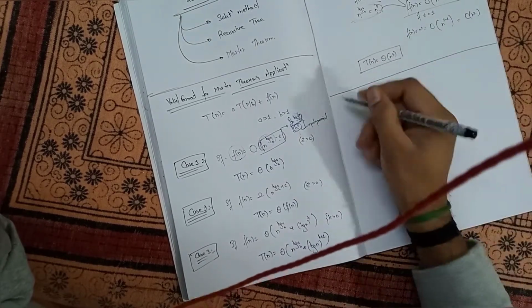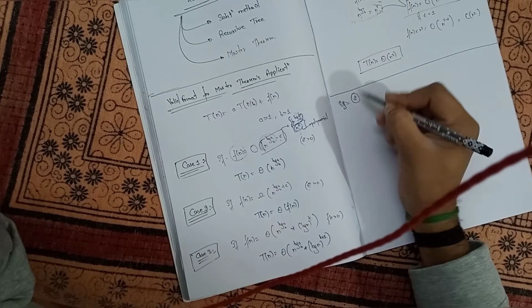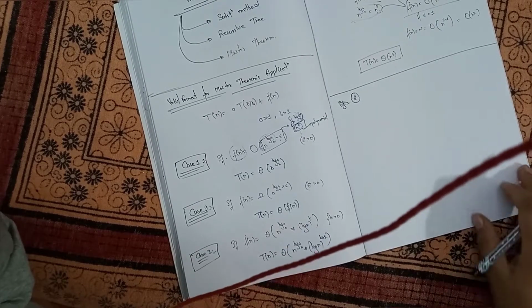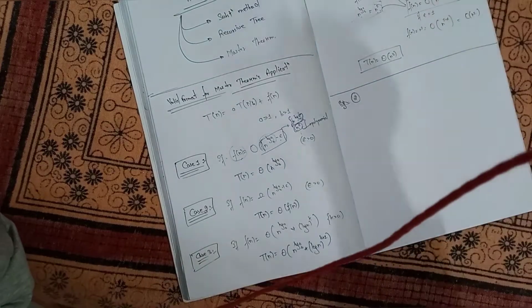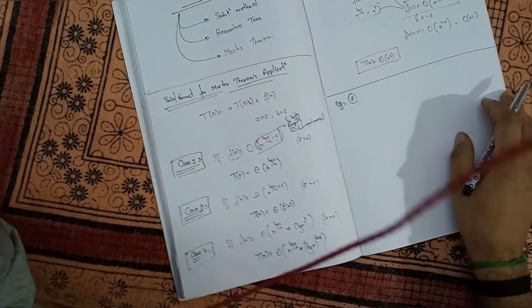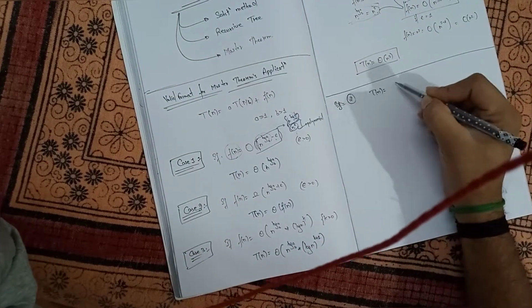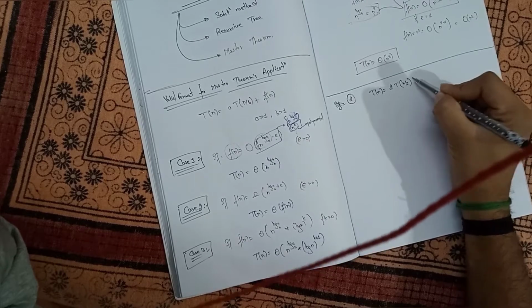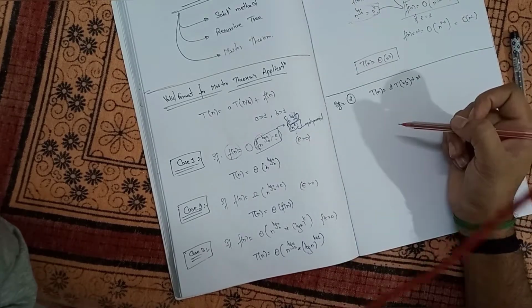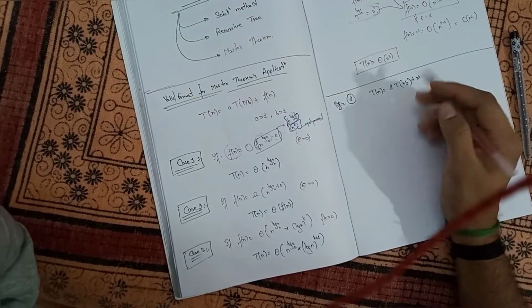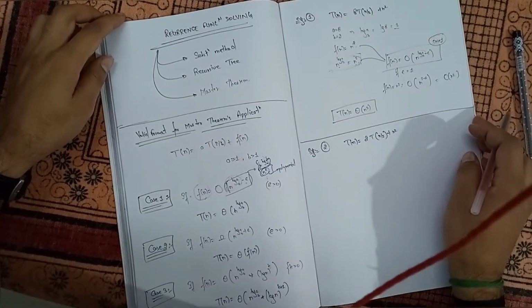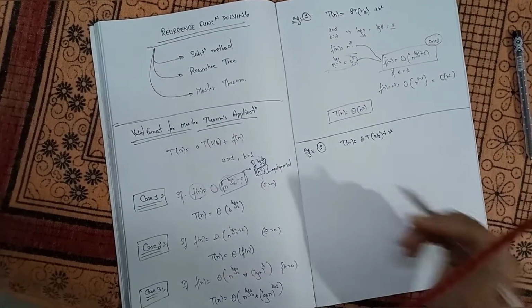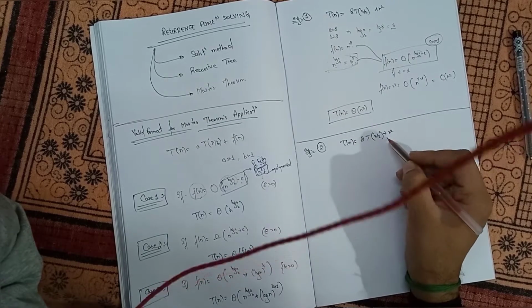Let us take another example to demonstrate the second case. The second case is t of n is equal to 2 times t of n by 2 plus n square. Okay, t of n is equal to 2 times t of n by 2 plus n square.